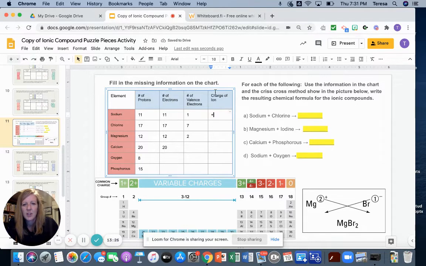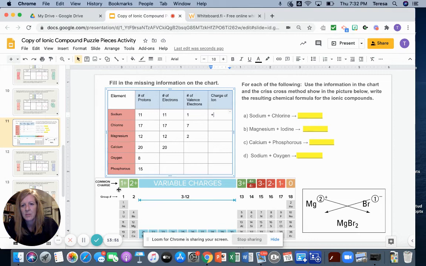Okay, and then the charge on the ion. Okay, at the top up here, remember this is where the ion charges are found. Okay, and that's what charge these atoms would have when they form ions. Okay, so hydrogen, lithium, sodium, potassium, they're going to form +1 ions.